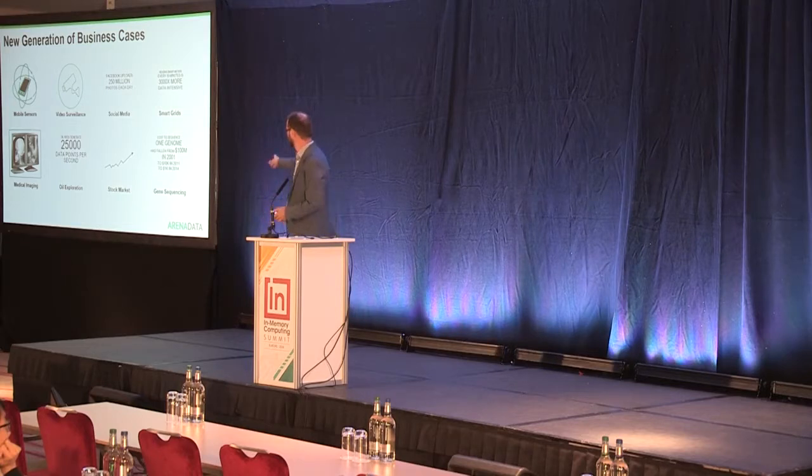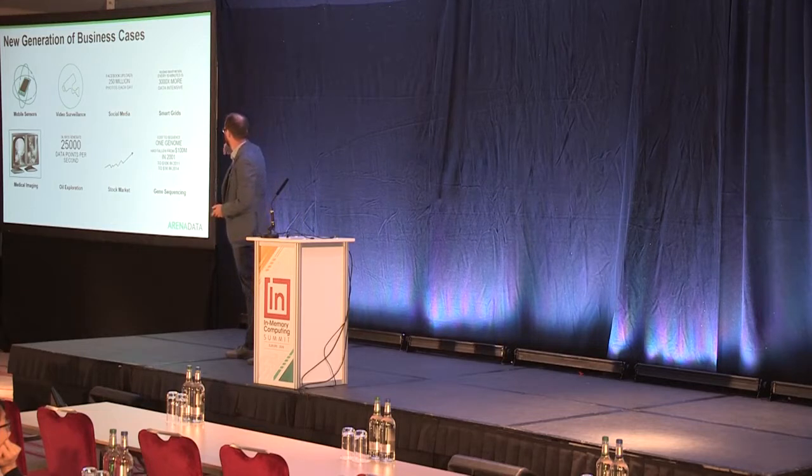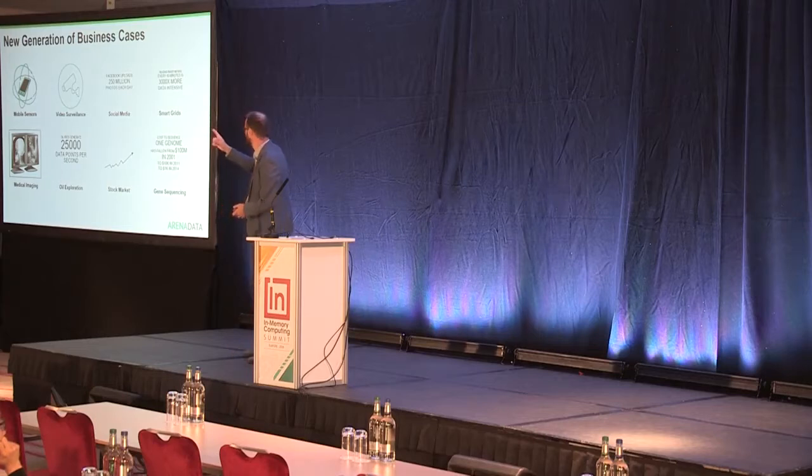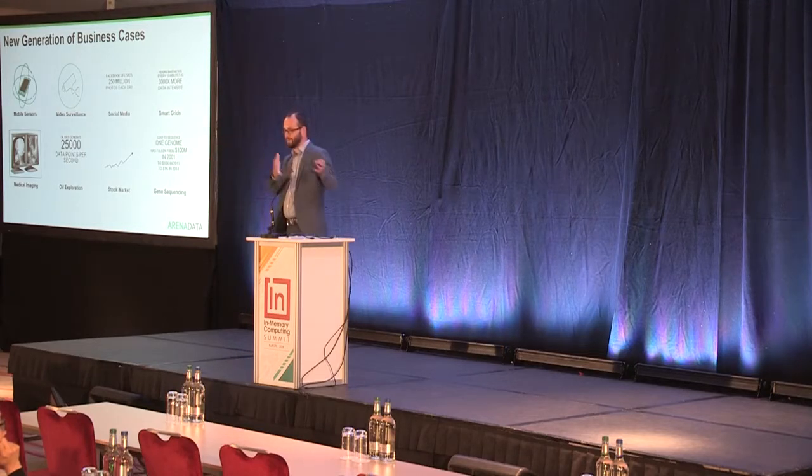For example, a very interesting example in the bottom right corner is gene sequencing. In the beginning of the 2000s, sequencing one genome cost more than $100 million. Today, especially since 2014, it costs less than $1,000, and it can take hours in comparison to months or years before.